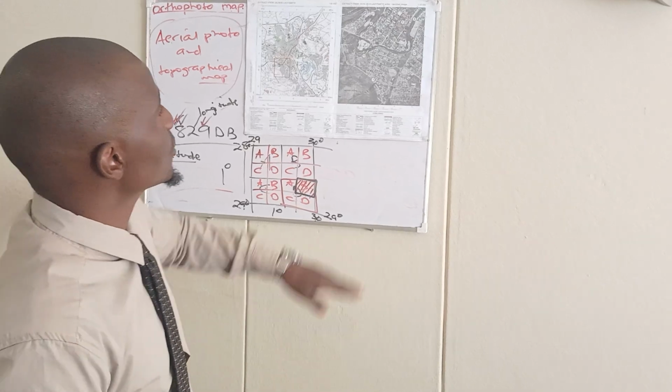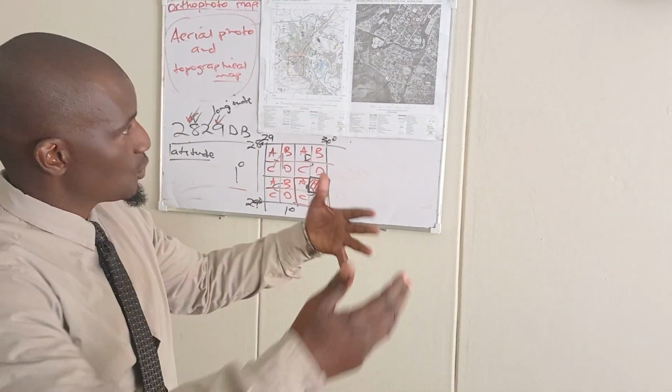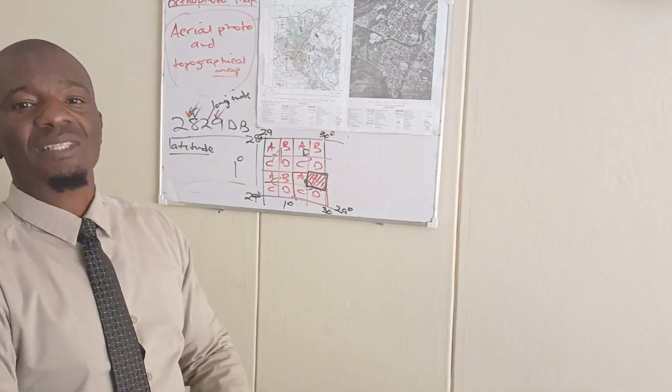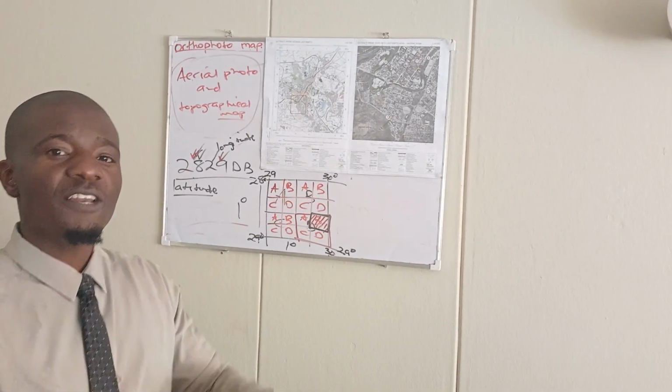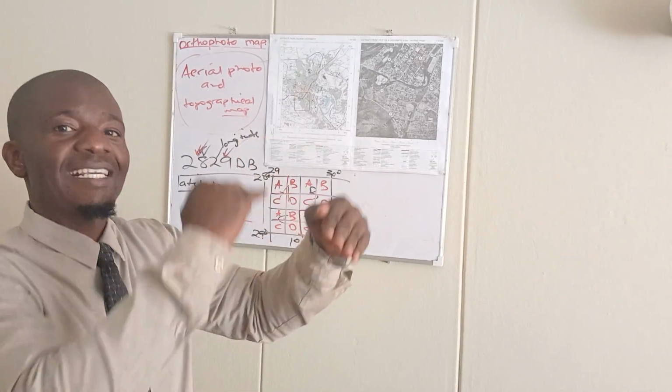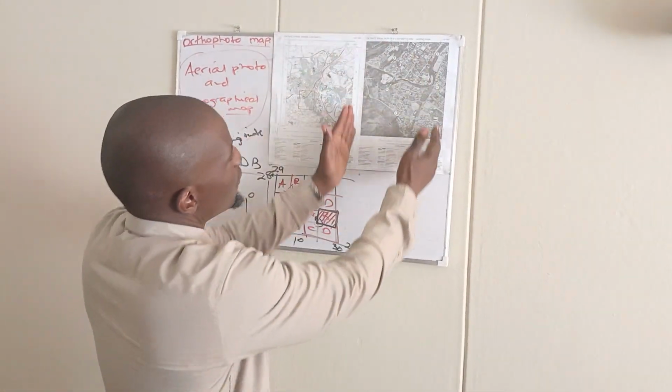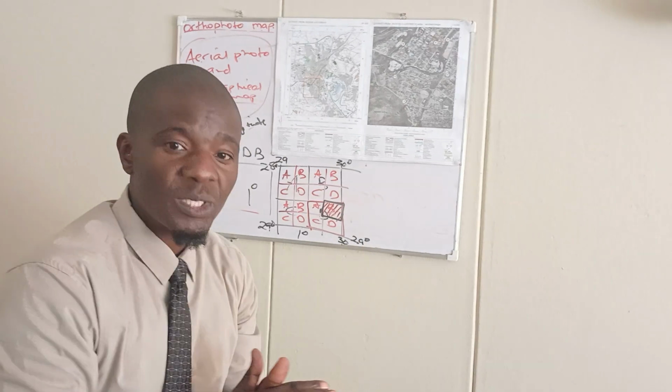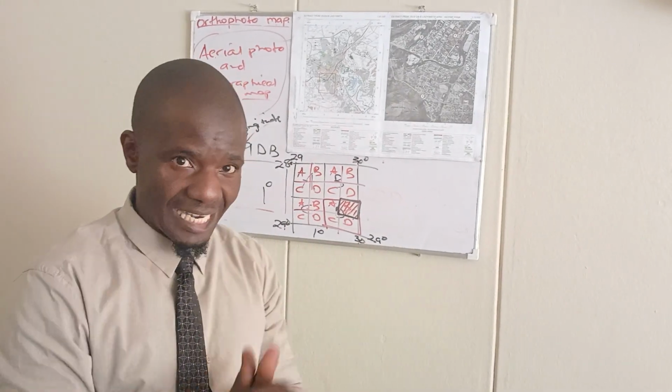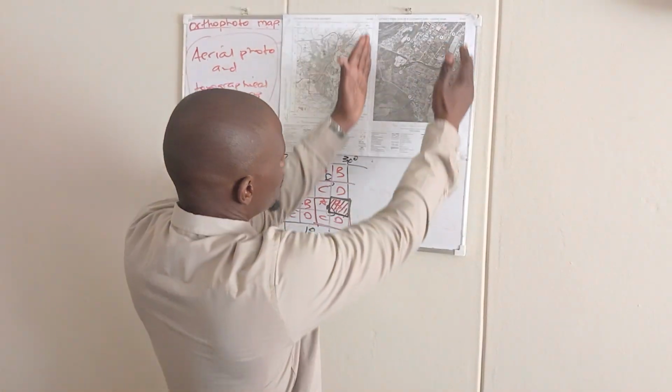Then after that, you can also see that our drainage, which is the rivers, the drainage system, is also put on top of that. We have got the residential areas, so it means information is put on top of each other. This is how we come up with the orthophoto map, because it is processed through the process of data layering. That's how we come up with an orthophoto map.